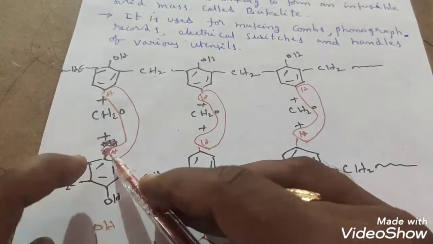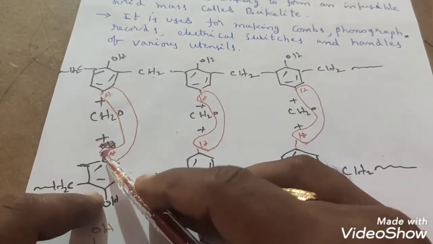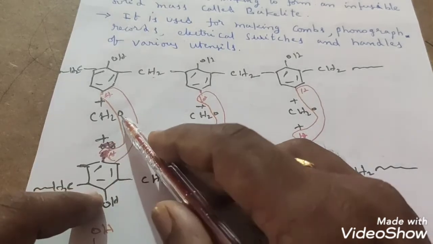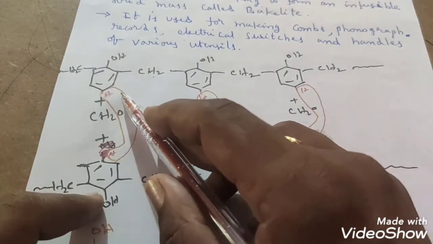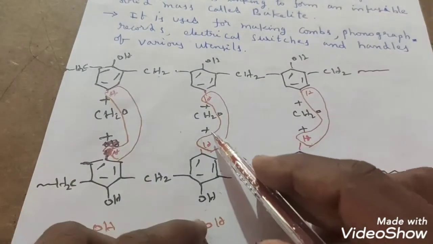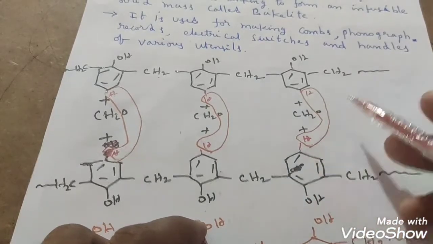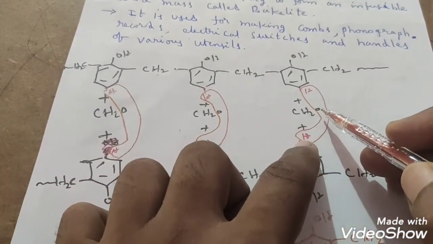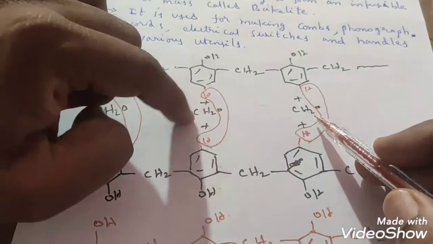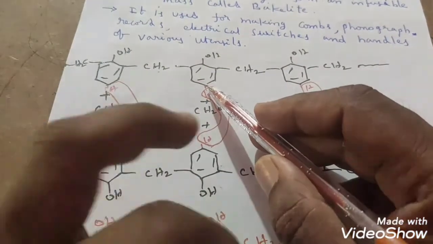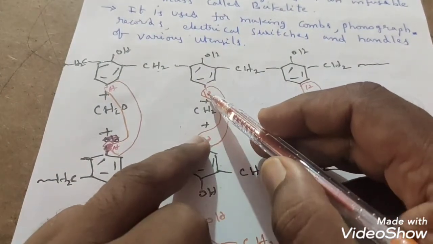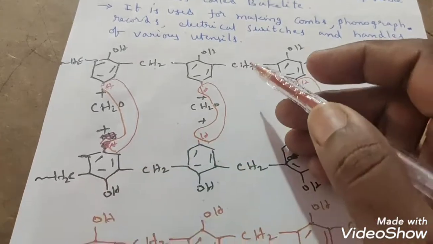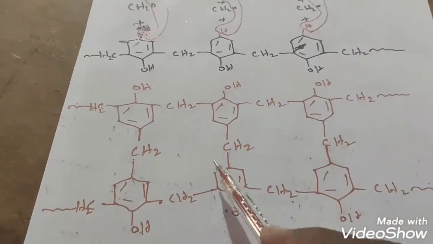And from the para position, that hydrogen and oxygen, in this ring also the para position hydrogen, are removed as a water molecule. The same thing has happened here, right? So after removal of hydrogens and oxygen in the form of water molecule, where will the CH2 addition take place? From the para position only we have removed hydrogen, so at the para position only the CH2 will attach. So the same thing I have written, students.